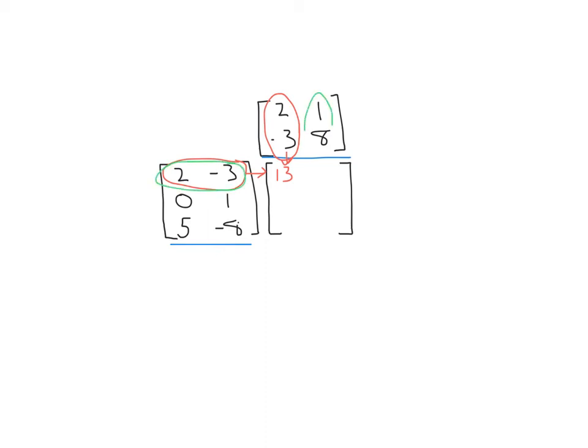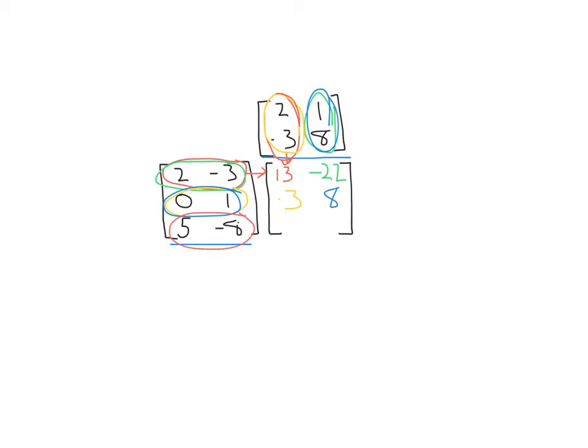This row times this column is going to give us 2 minus 24 is negative 22. Here, this row times this column is going to give us a negative 3. This row times this column is going to give us a positive 8.